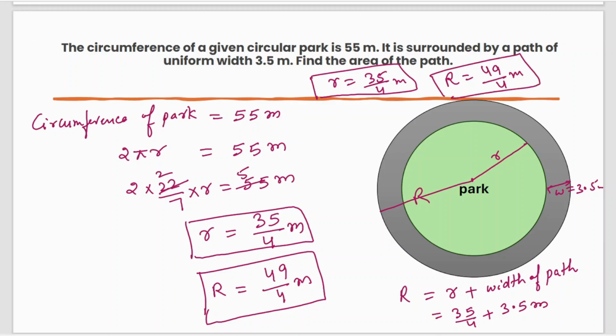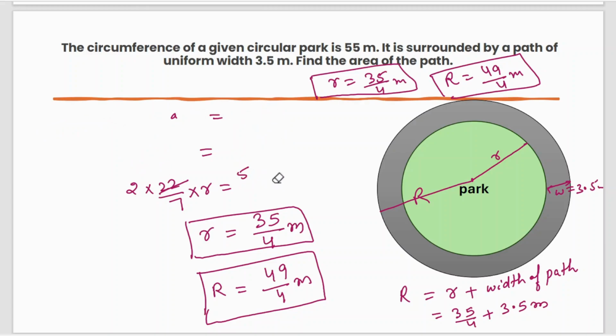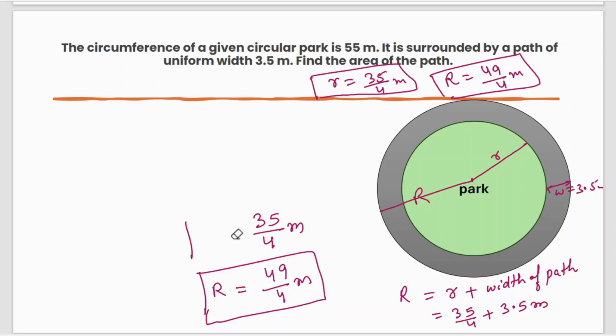Okay, so now let me erase this part. Now most of the task has already been completed. Now you just have to find the area. So you know what is the process that we follow for finding the area of path.